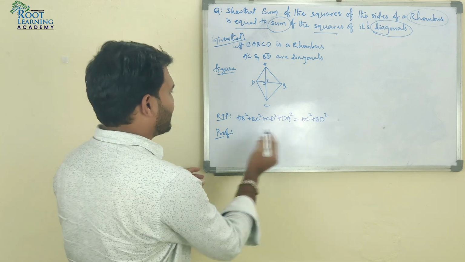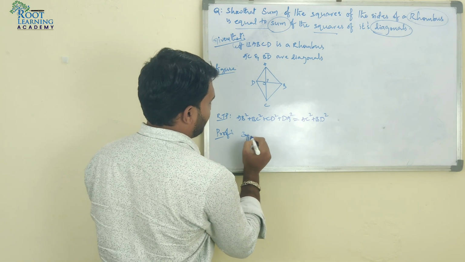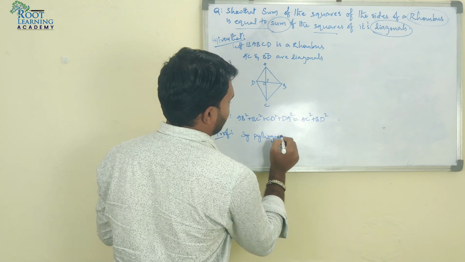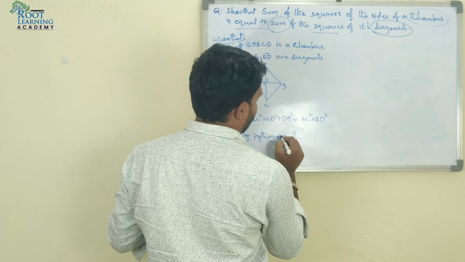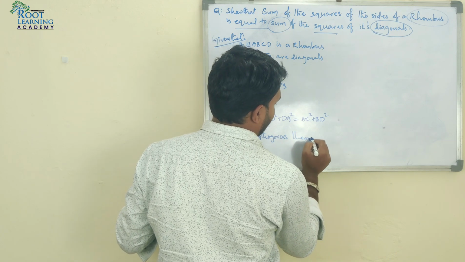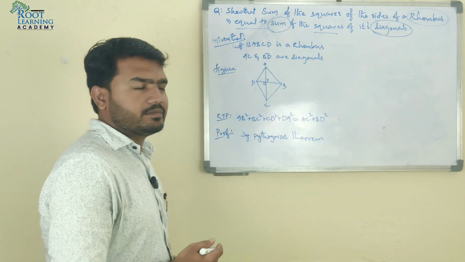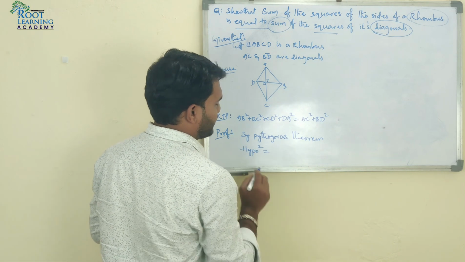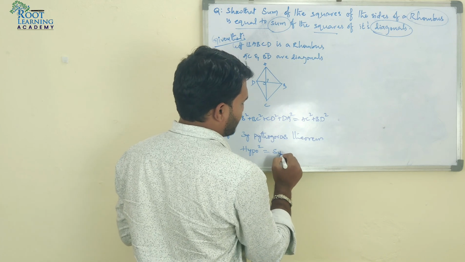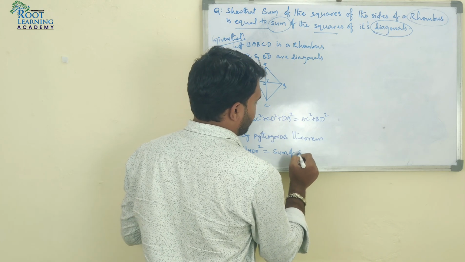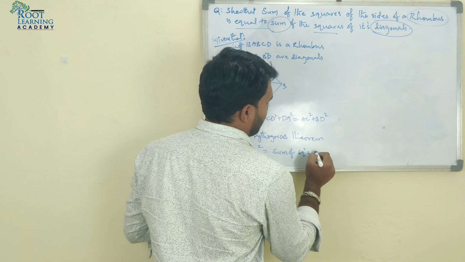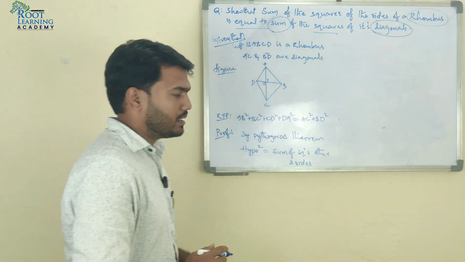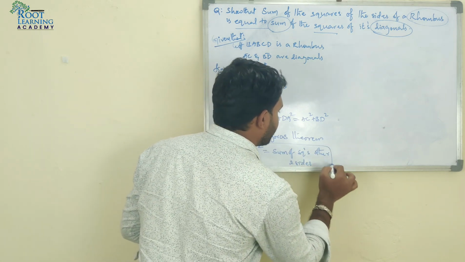So by Pythagoras theorem, hypotenuse square is equal to the sum of squares of the other two sides. Right? So we are just using this condition in the question.